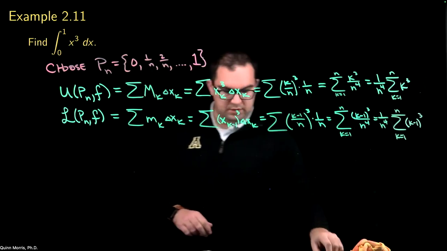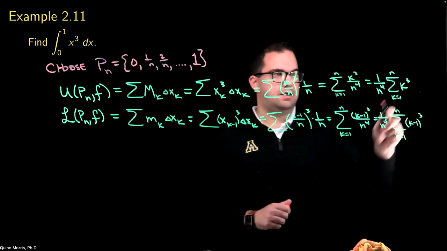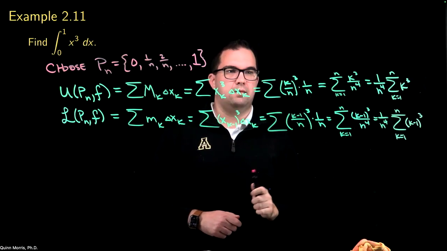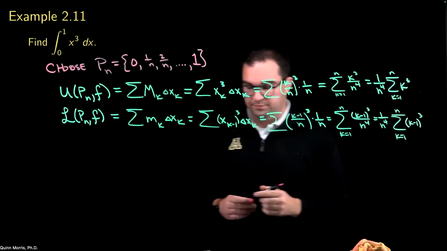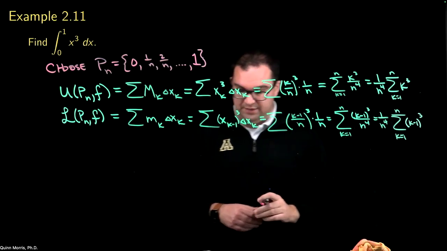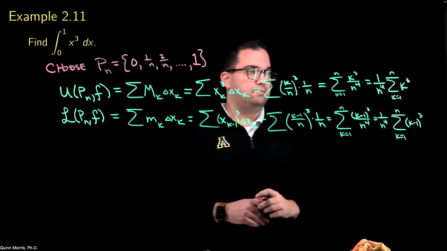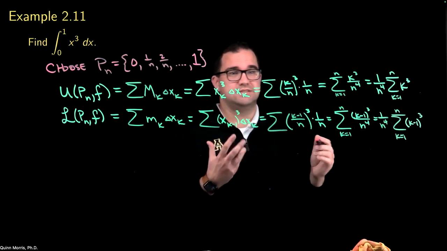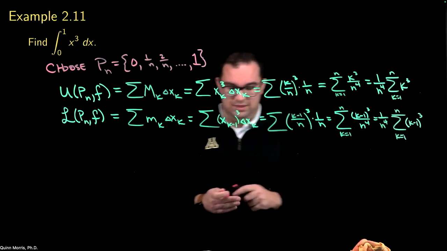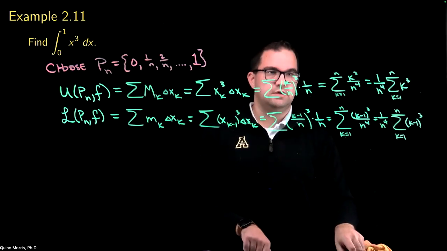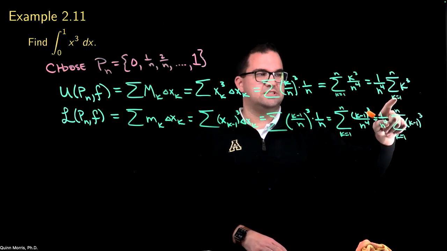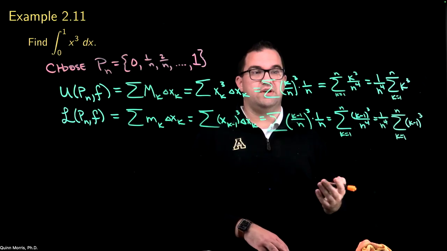Now this is where it'd be really nice to have some expression for this sum in terms of n. And we can actually get such a sum. I'm going to slightly sidestep the issue of how we calculate the sum because it's not exactly the point of this course. But there are ways of calculating it. This is the sum of the first n perfect cubes, right?